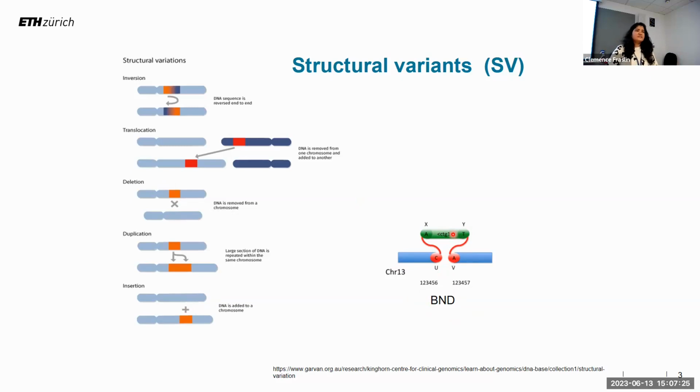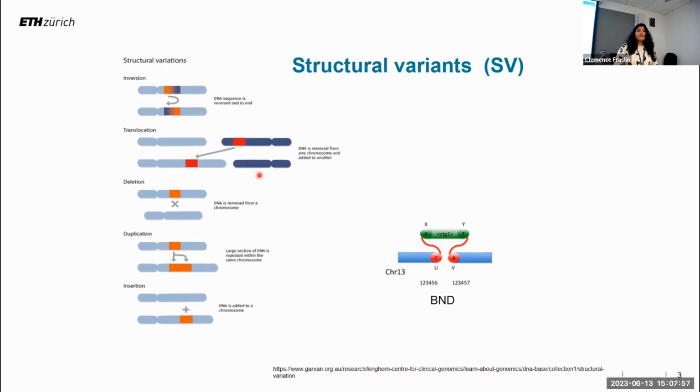So usually we do not identify them precisely, and they come as a BND in the VCF format. But those 2 breakpoints are still interesting to see what is happening. So in this paper, other than STRs, we mainly focus on inversions, deletions, duplications, and BNDs. Insertions and translocations are not part of the study due to methodological reasons.